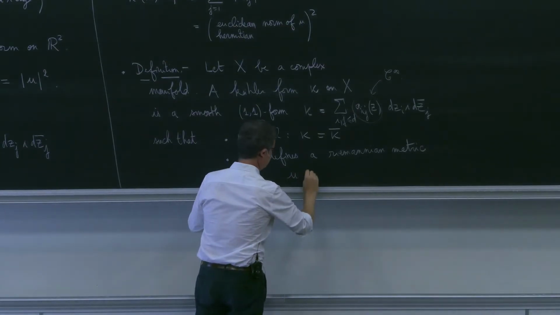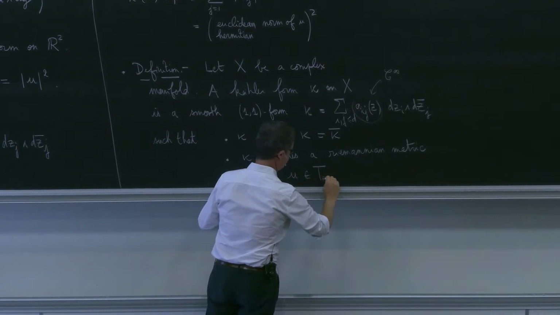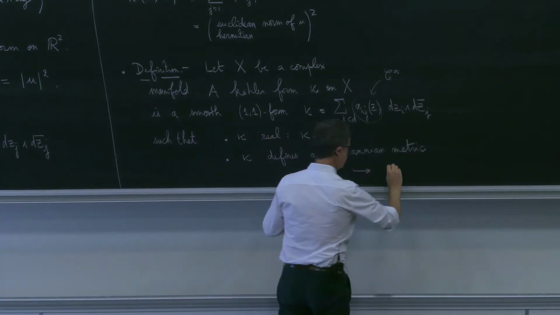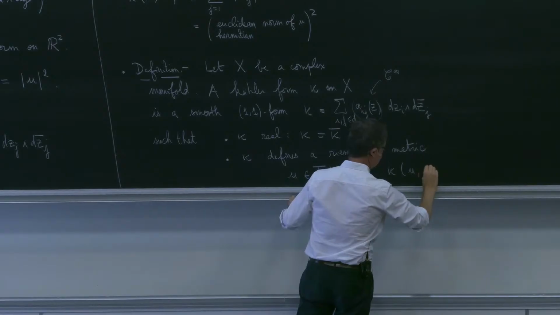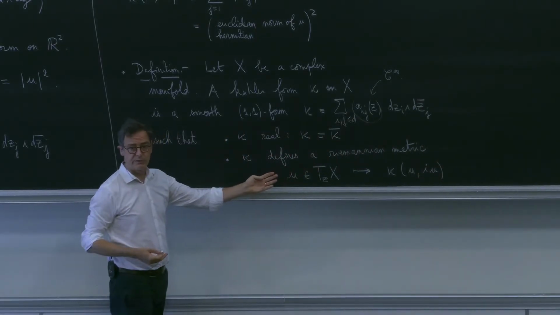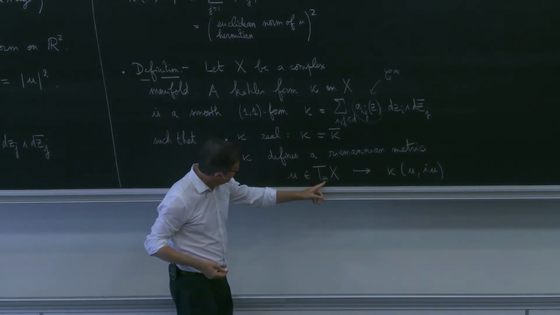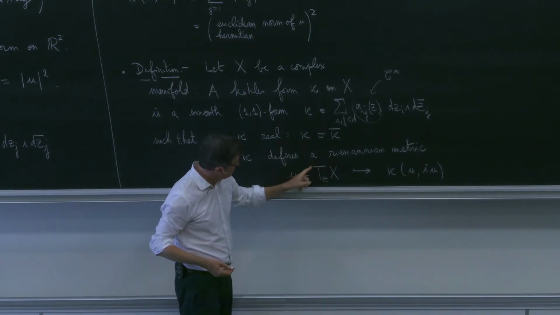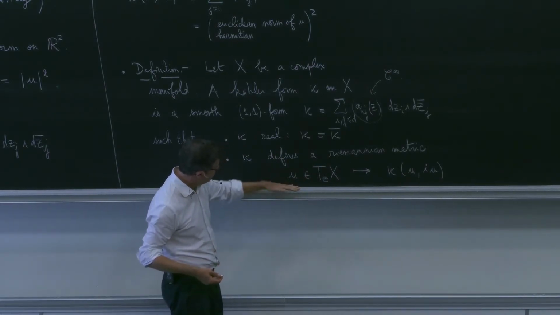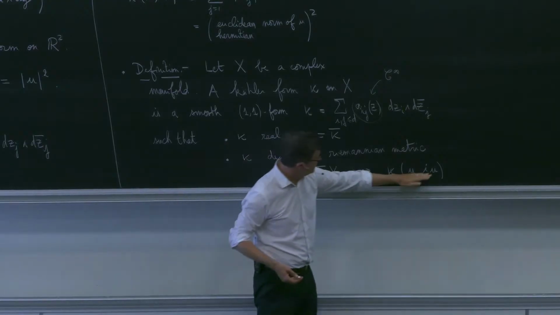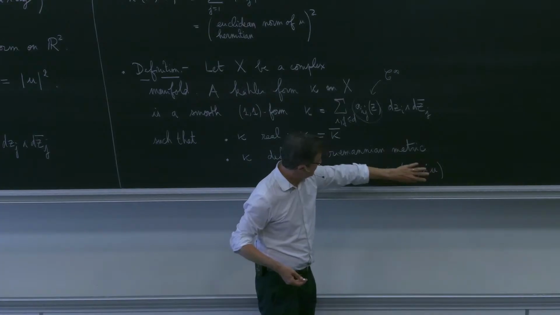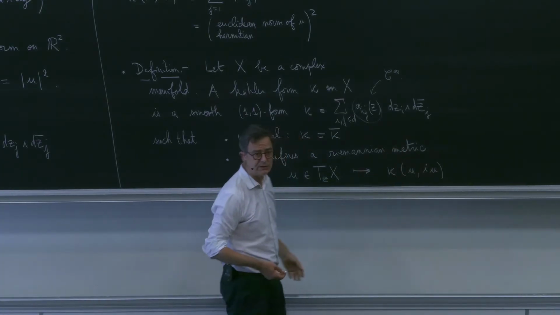If u is a tangent vector at a point z in X, then when I compute kappa of u, comma, i times u, this defines a Riemannian metric. So for every point in X, I look at the complex tangent space. I take any tangent vector, and I compute this, and you see it's a quadratic form in u, and I want this quadratic form to be positive definite.